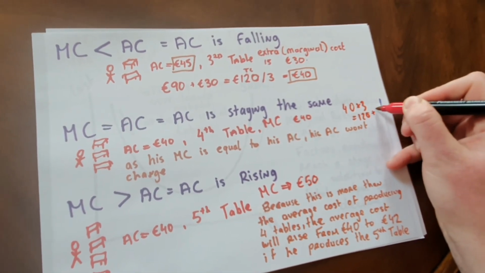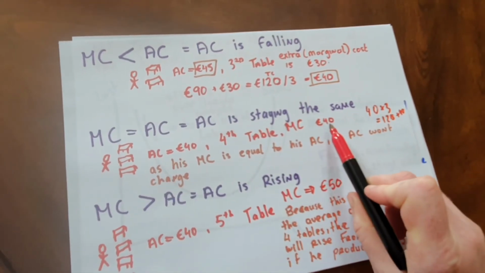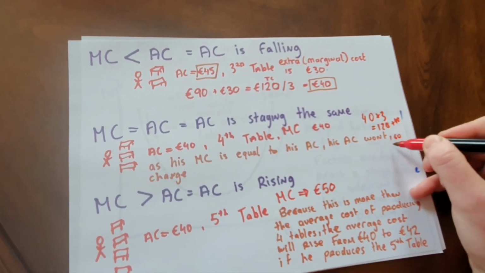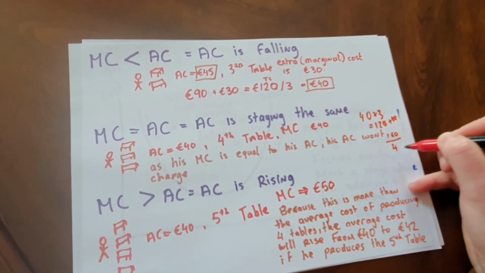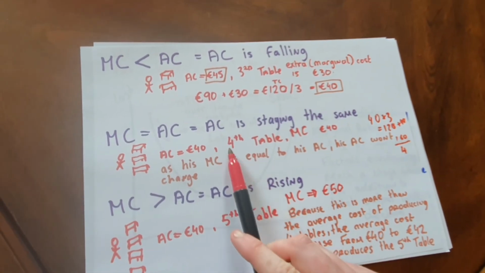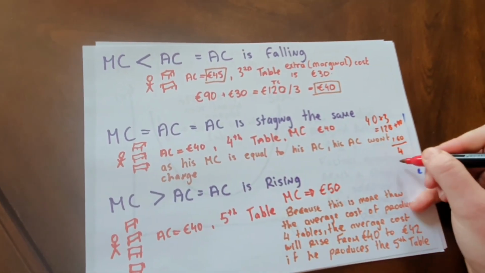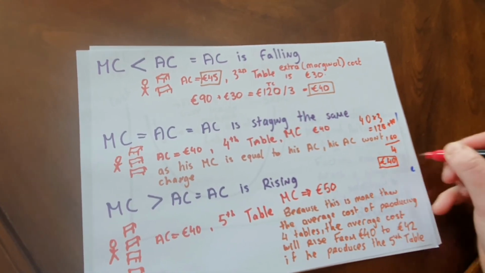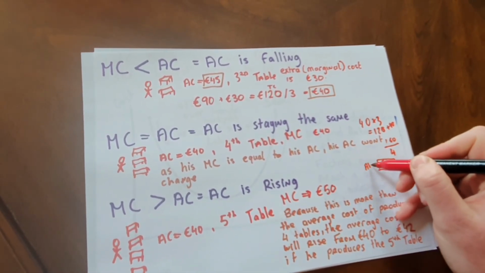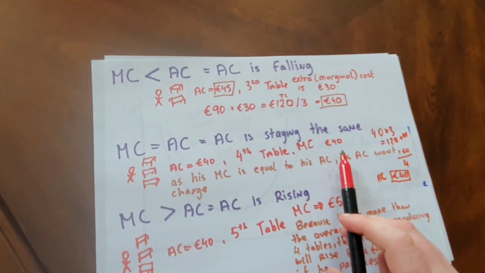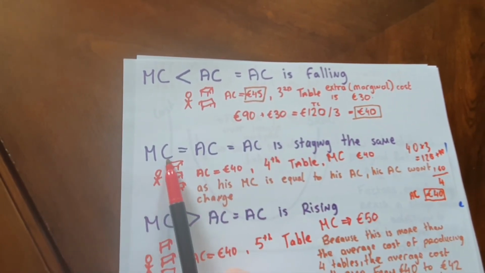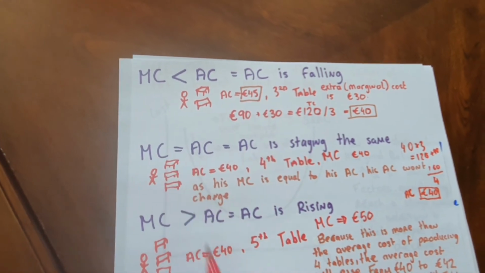We then add on the extra €40 for the 4th table, which gives us 160. Then we divide that by 4, which is our new quantity because it's the 4th table, and that gives us 40. So we can see that this is his new average cost, which is the same as his marginal cost. So this is true: his average cost and his marginal cost are equal.